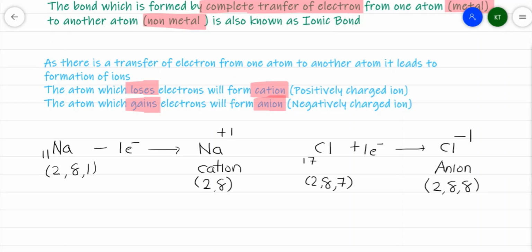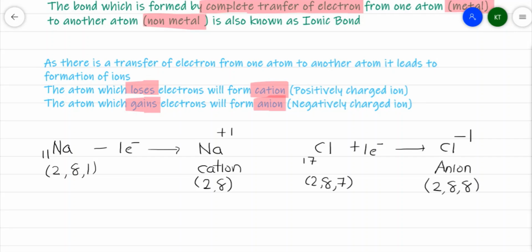Now the size of the anion is larger than that of the atom because it has got an extra electron. Due to that extra electron, repulsion happens, and due to this repulsion, the size of the atom increases.